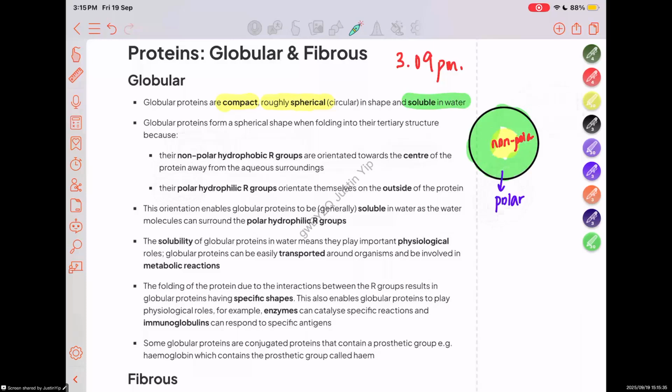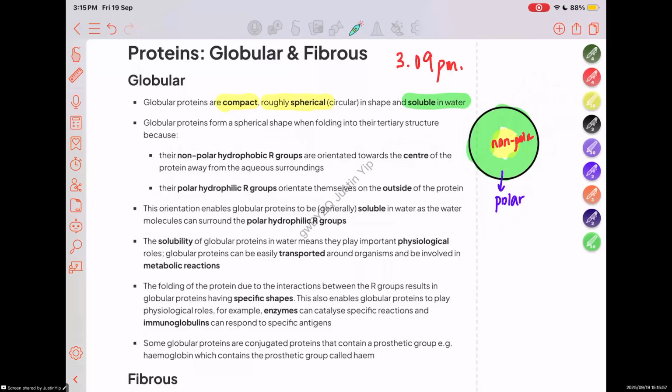So imagine the outside is water soluble and the inside is not soluble in water. This means you can help these non-soluble substances be carried into your body.